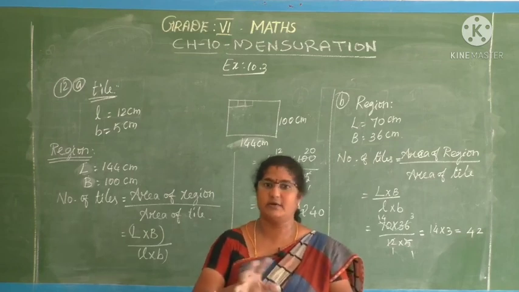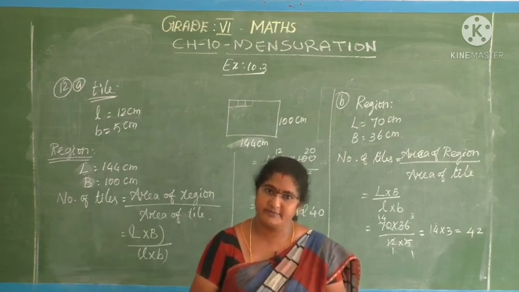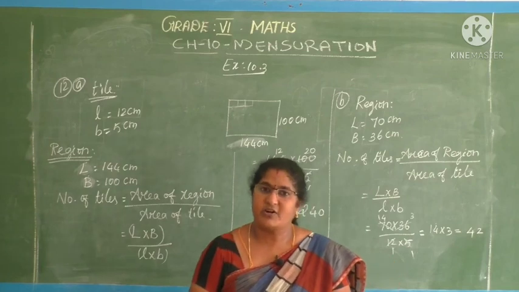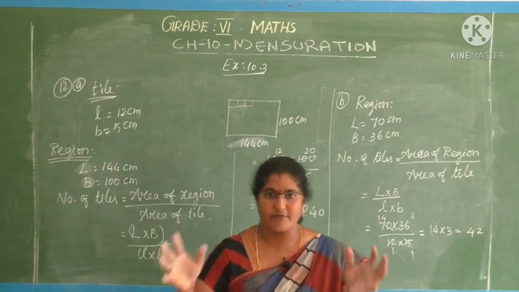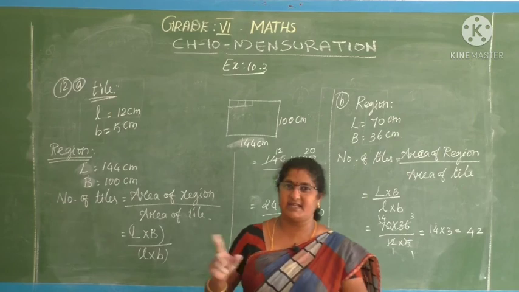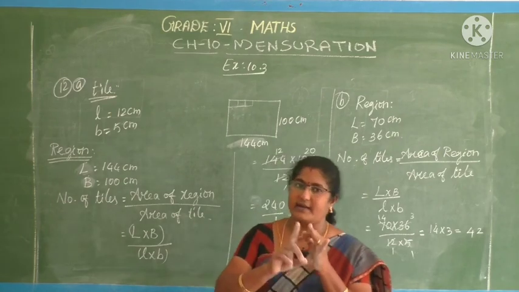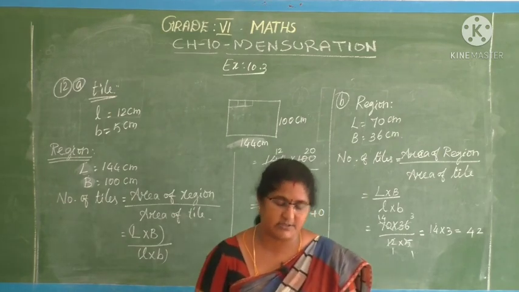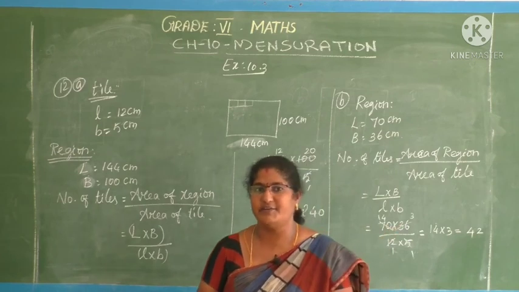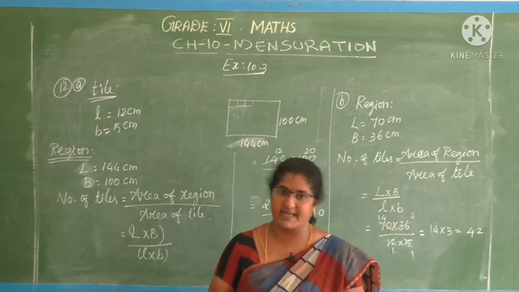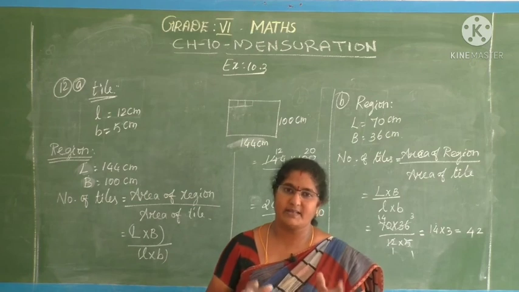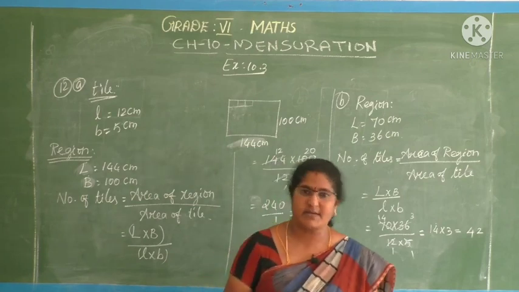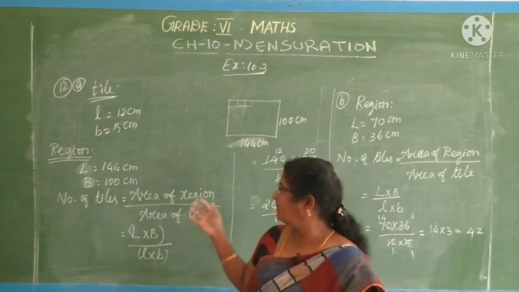Perimeter means the sum of all the sides, for all the figures. Then area of rectangle and square, only two shapes: area of rectangle is L into B, area of square is side into side. Then you apply the formula in statement problems, situation problems.